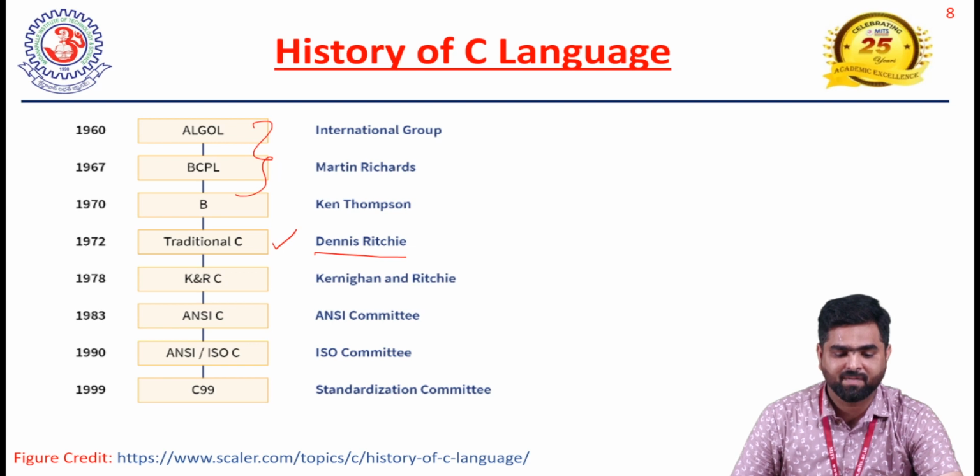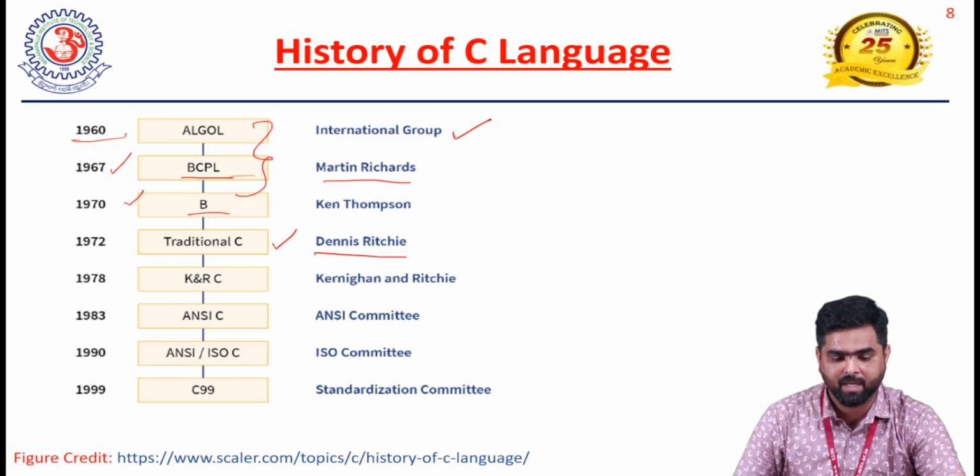Algol is nothing but algorithmic language, which was developed by an international group in the year 1960. From Algol, the next language introduced was BCPL by Martin Richards in the year 1967, and then B language was introduced in the year 1970 by Ken Thompson.